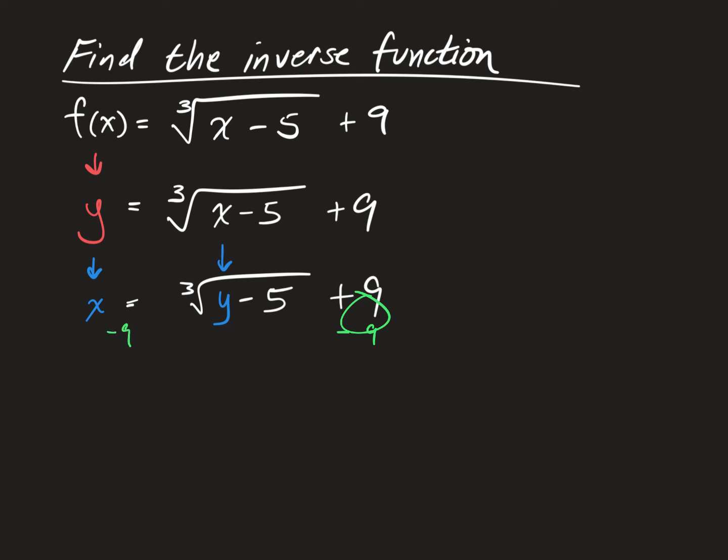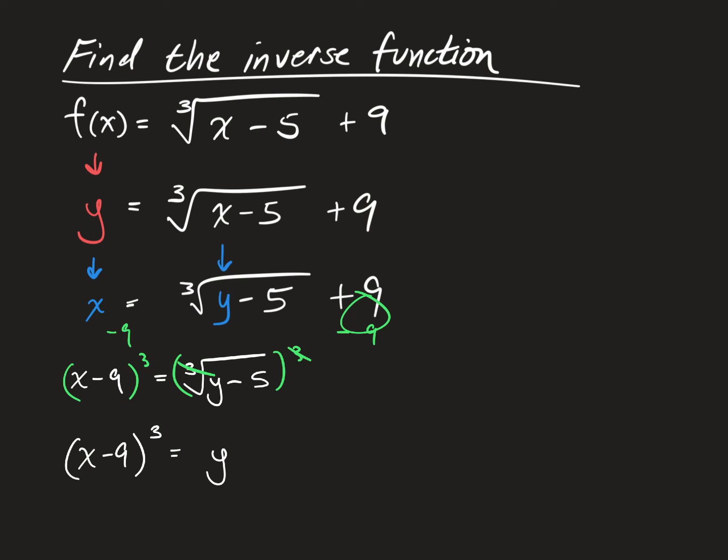So minus 9, that means x minus 9 equals the cube root of y minus 5. From there, we can cube both sides to get rid of the cube root. So we have x minus 9 cubed equals y minus 5. And then from there, of course, we can just add 5 to both sides.